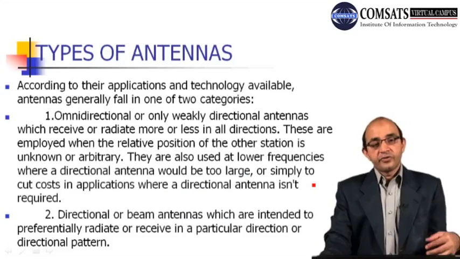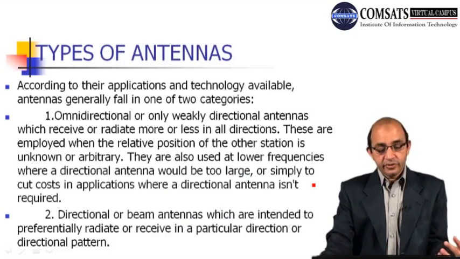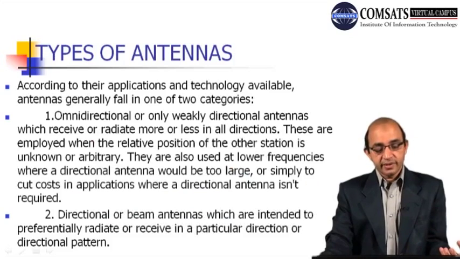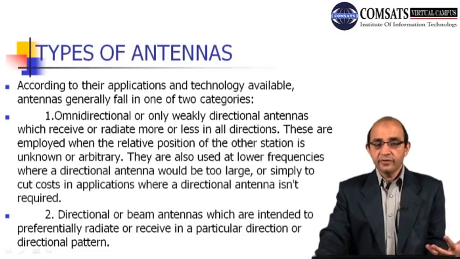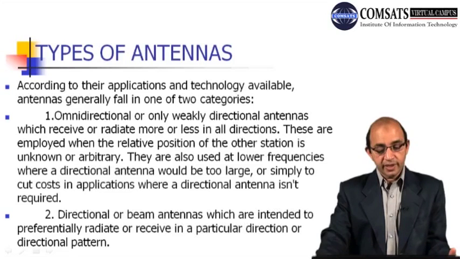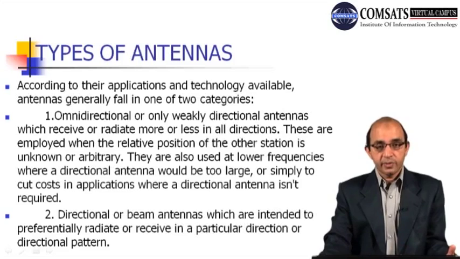So here we have different types of antennas. We apply those antennas according to the requirement, the application, and the technology that the communication system is having. Mainly we have two different categories of antenna. One is the omnidirectional or only weakly directional antennas, which receive and radiate more or less in all directions. Those types of antennas are deployed when the relative position of the other station is unknown or arbitrary.